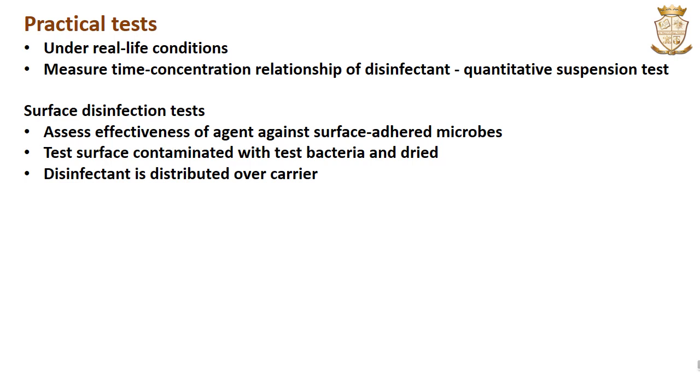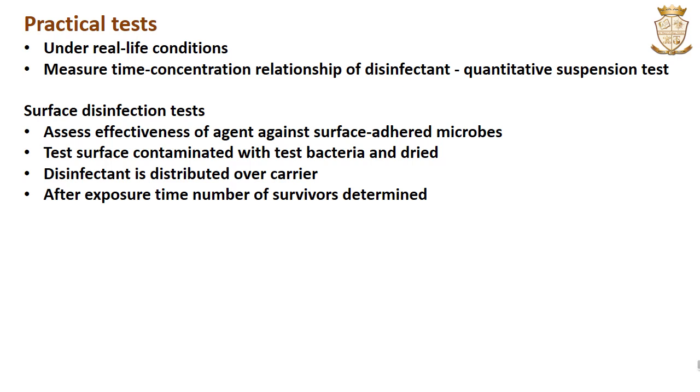Then a definite volume of the disinfectant solution will be distributed over this particular carrier, and after a particular period of exposure time, the number of survivors on the carrier will be determined. If there are more microorganisms surviving, then that means the disinfectant is not that effective against the test bacteria.